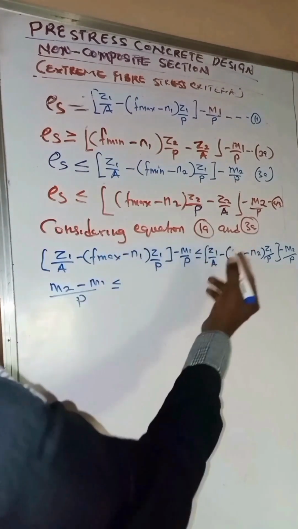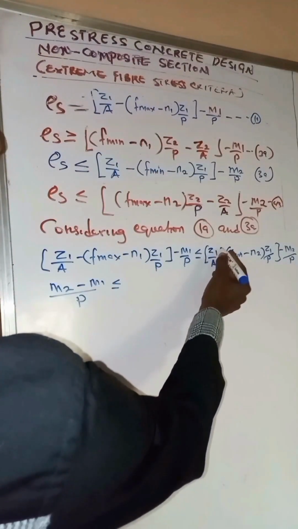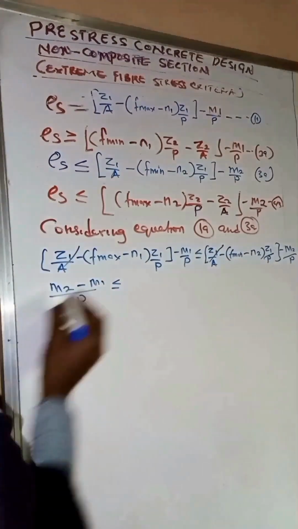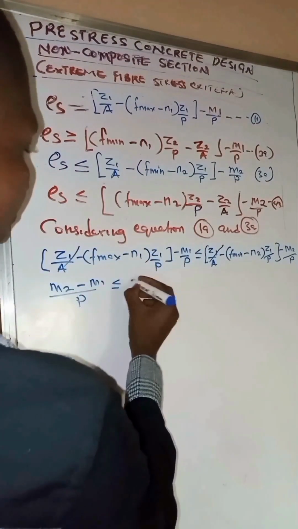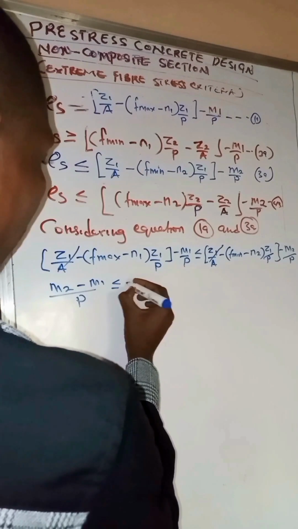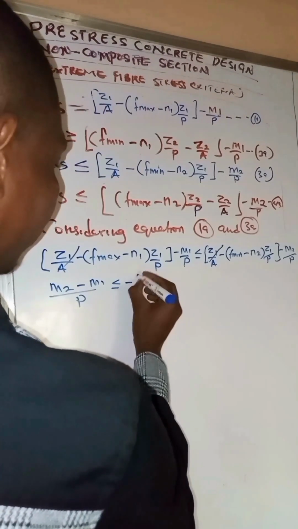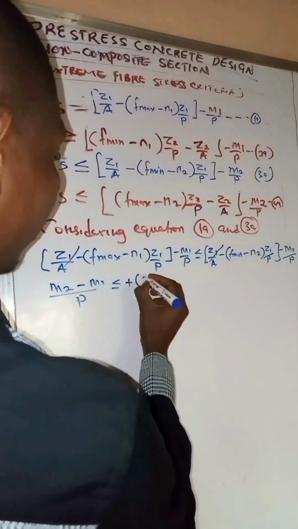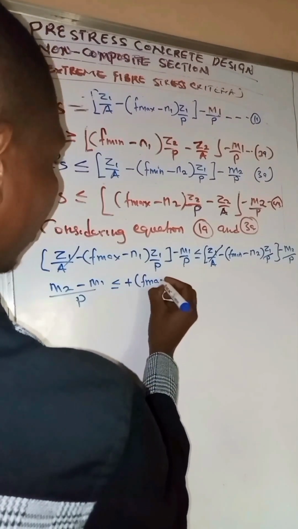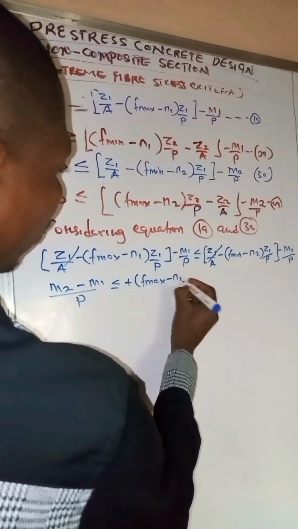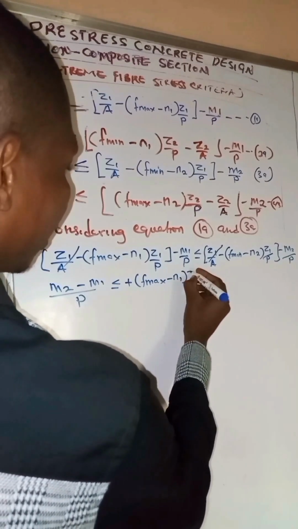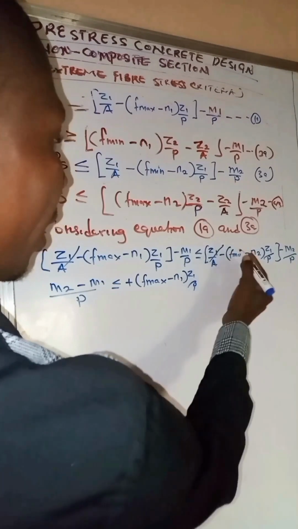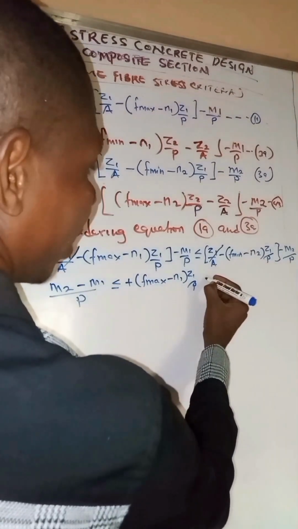So Z1 over A is going to strike Z1 over A. So we're left with minus, if we take it this way, it becomes plus (F maximum minus N1) Z1 over P. I will have this, which is already a minus sign.